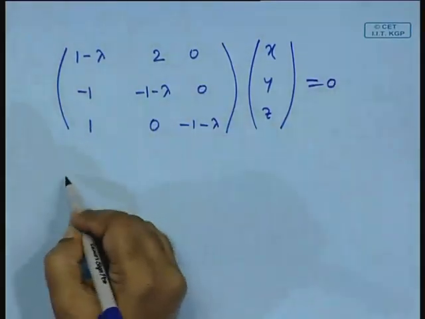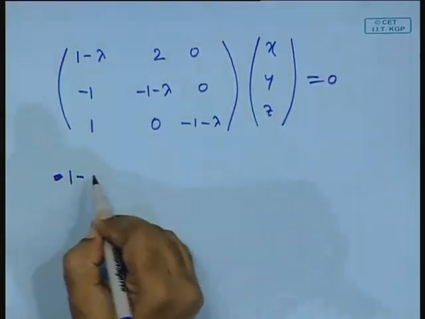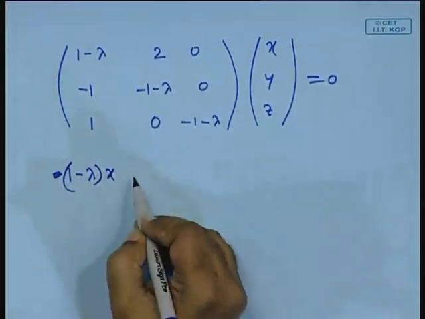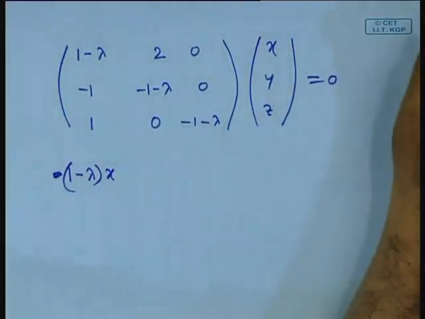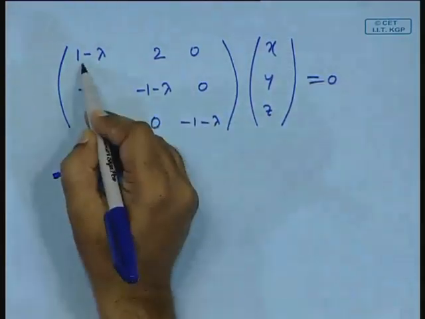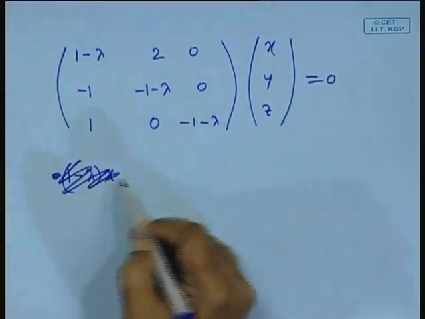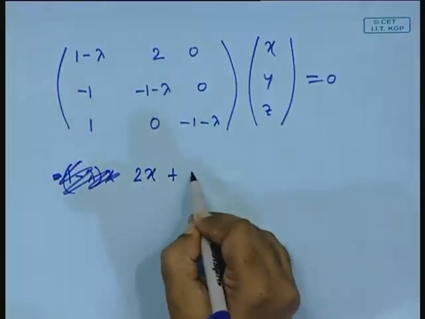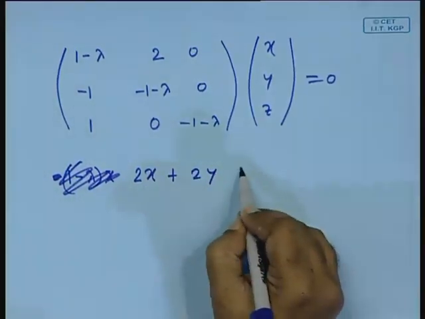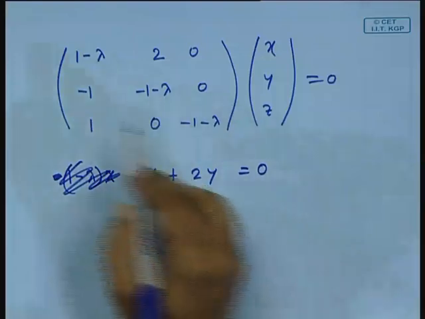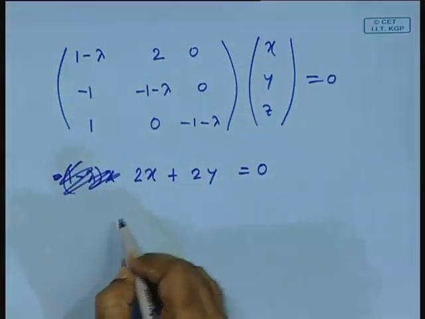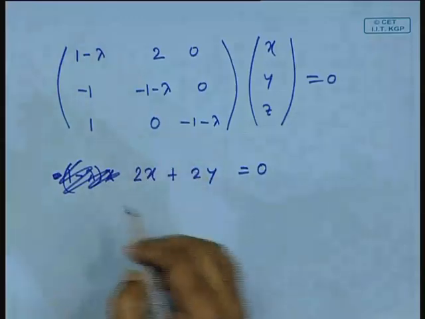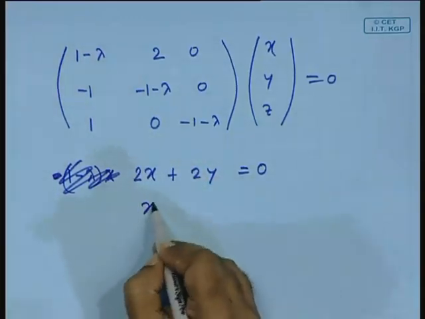The first one says 1 minus lambda times x, and lambda is in this case minus 1, so 2. So, twice x plus twice y is equal to 0. Second one is minus 1, 0, 0. So, x equal to 0.